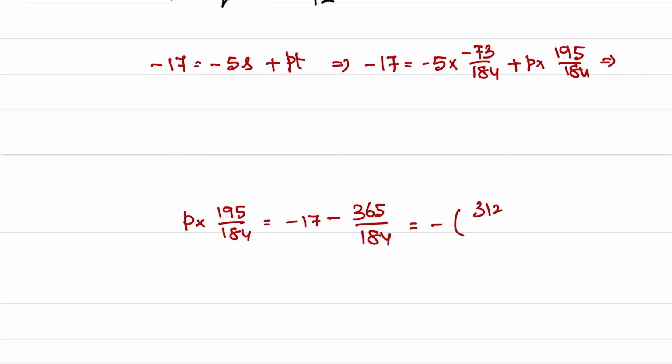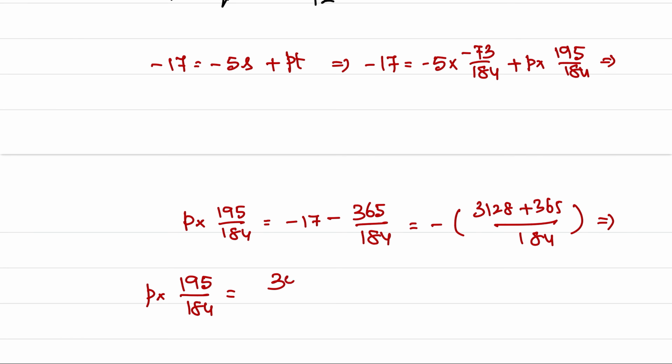Minus 3128 plus 365 by 184. That implies P into 195 by 184 is equal to minus 3493 by 184. That implies 184 gets cancelled on both sides. P is equal to minus 3493 by 195.